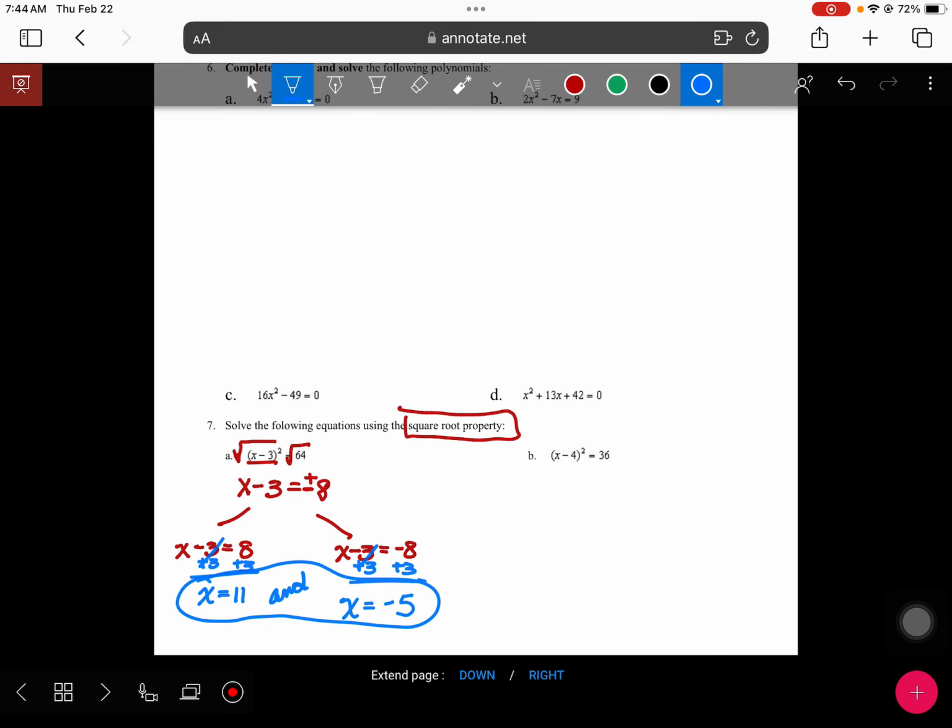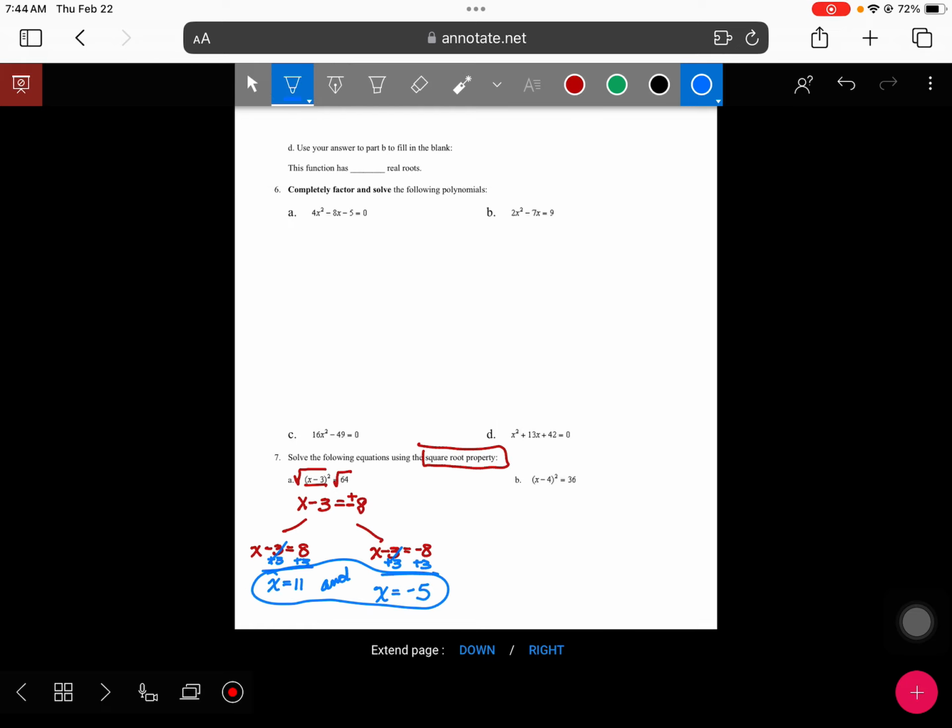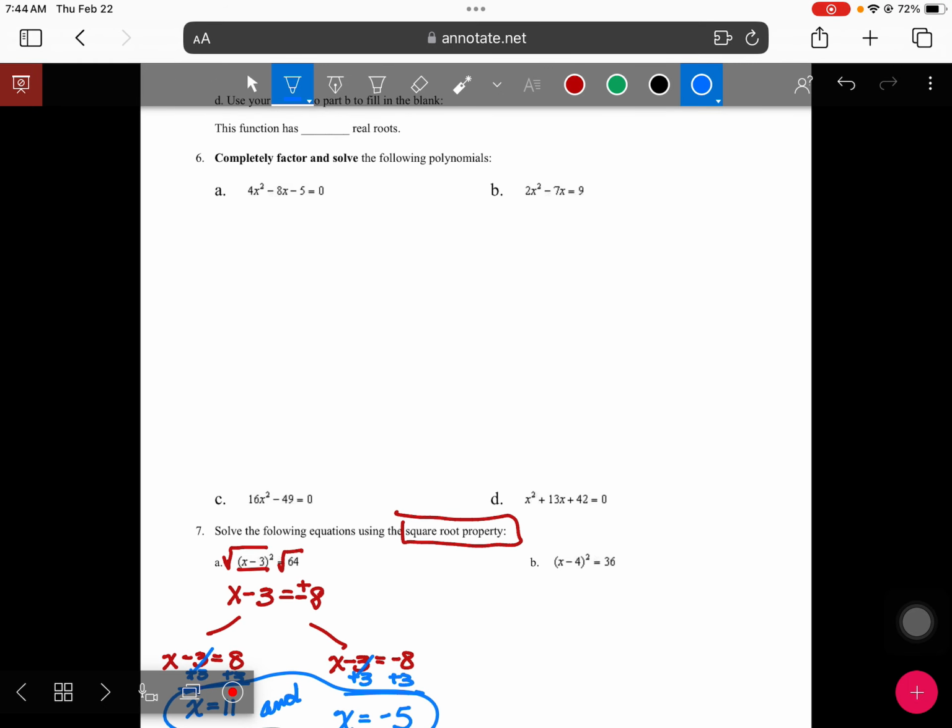How about letter C? Let's do letter C, and let's do it kind of right up above. The directions for 6C say completely factor and solve the polynomial. So I need to factor, that's what we did at the end of the first semester, beginning of this semester, and then solve for the polynomial. So I'm going to put this up here. 16x squared minus 49 equals 0.